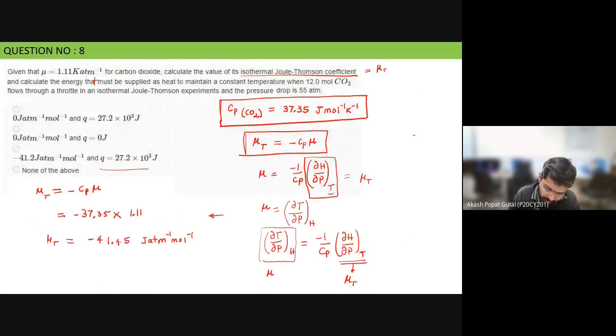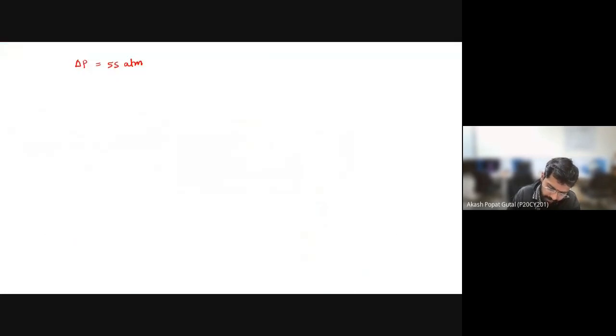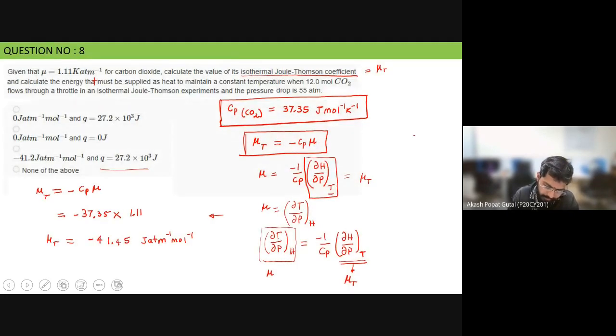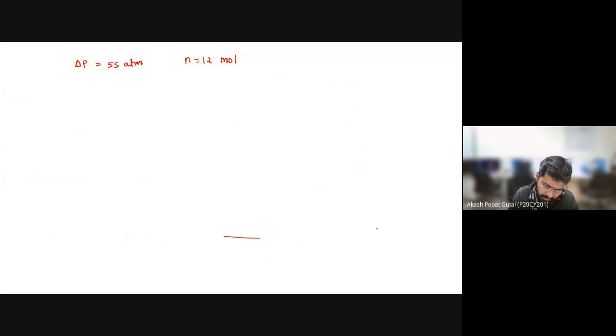So delta P is given as 55 atm, and n is 12 moles. We are asked what heat must be supplied. Heat is related to delta H, so they are asking about delta H. What heat must we supply?